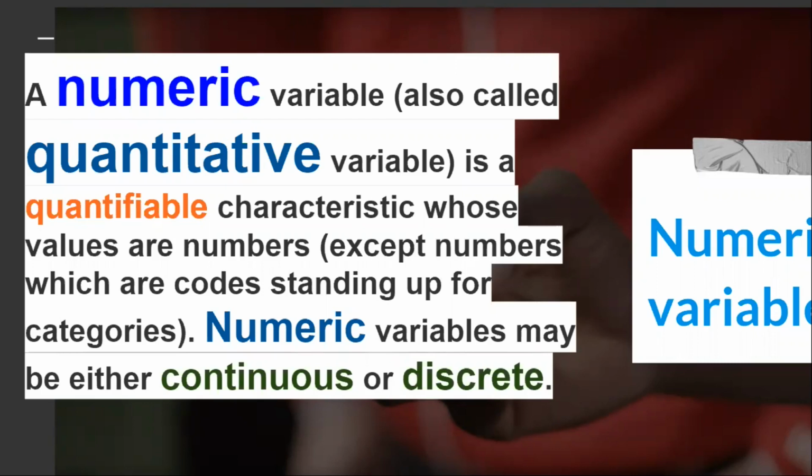The second type of variable that we just present to you is the numeric variable. A numeric variable, also called a quantitative variable, is a quantifiable characteristic, contrary to a categorical variable that is not quantifiable.